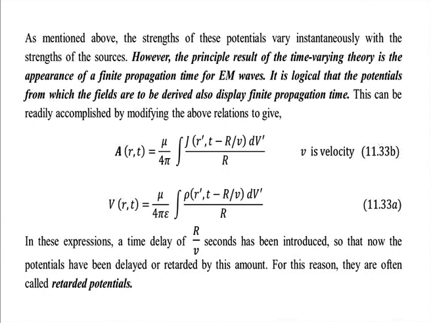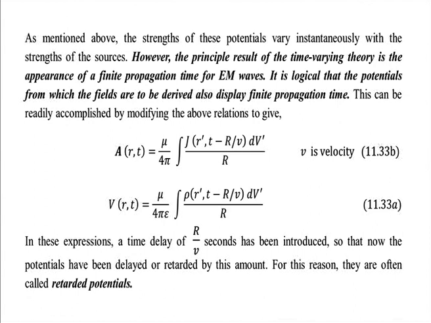From these two equations, we assume that the strength of these potentials varies instantaneously with the strength of the sources. But we are aware that the speed of light is very high but finite, with a value of 3 lakh kilometers per second. That is, it is not infinite. Therefore, there will definitely be some time delay in wave propagation.